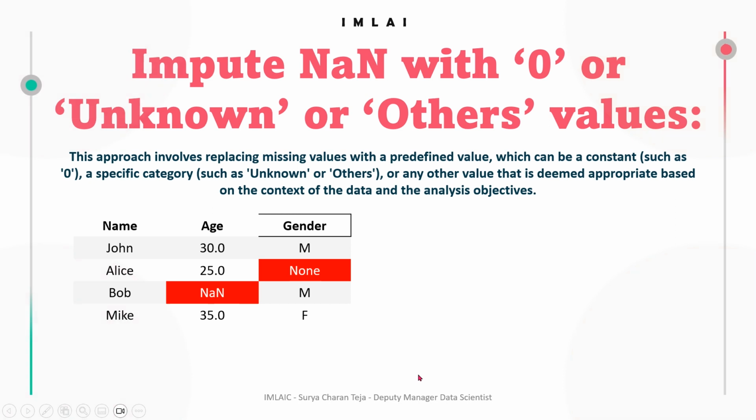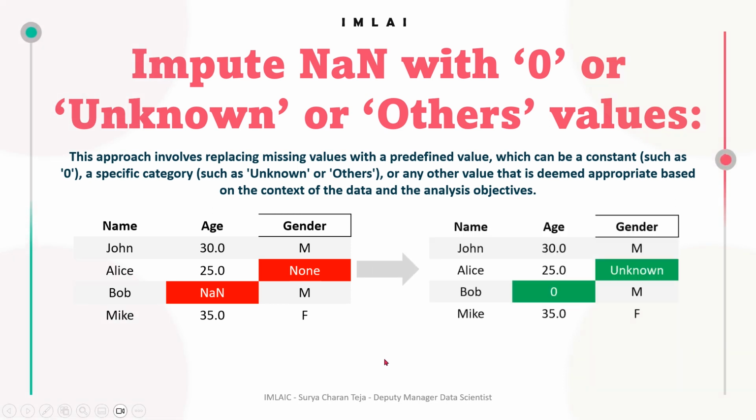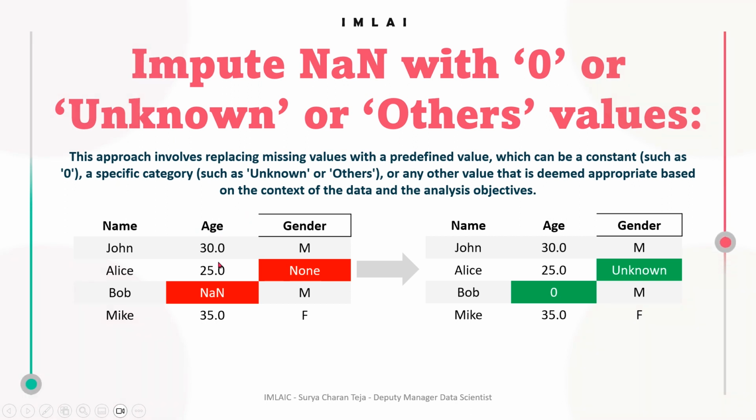So now what I'm going to do is replace these respective values, age with 0 and gender with unknown, or even here age also we can replace with unknown. 0 obviously doesn't make much sense. Of course, if you want to use it just for the calculation, you can put 0, but normally you have to replace this age also with unknown so that it makes some sense.